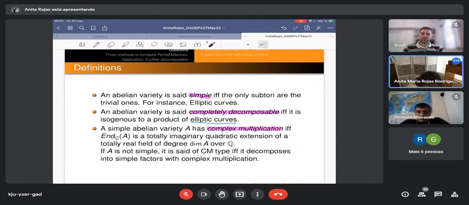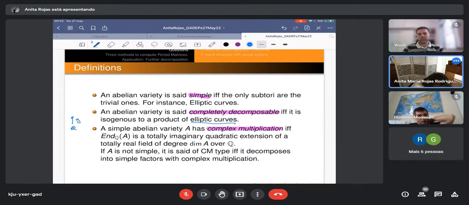A simple abelian variety has complex multiplication if and only if its endomorphism algebra over the rationals, tensored by the rationals, is a totally imaginary quadratic extension of a totally real field of degree the dimension of the variety over Q. So you have Q here, and you have here something of degree g, which is a totally real field.